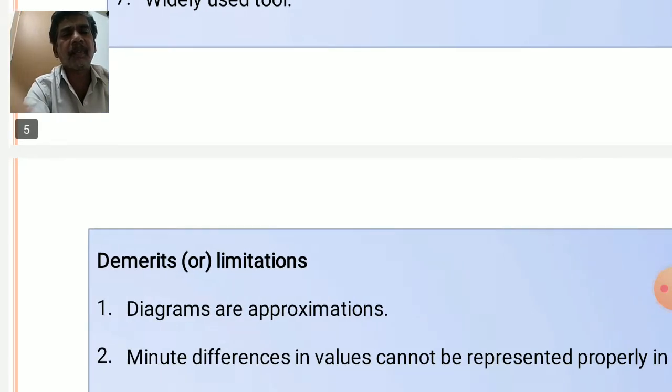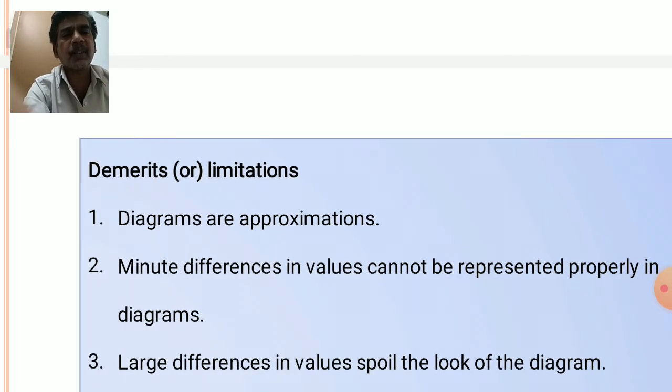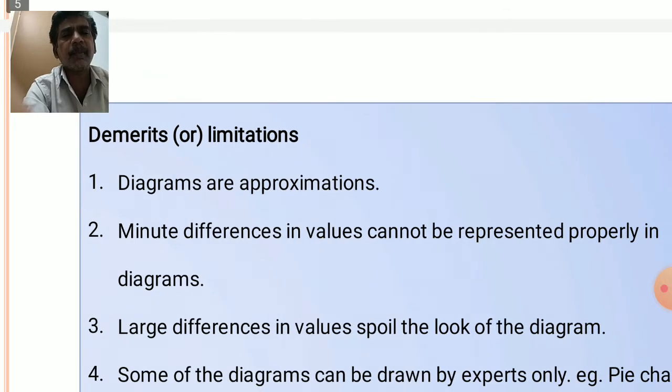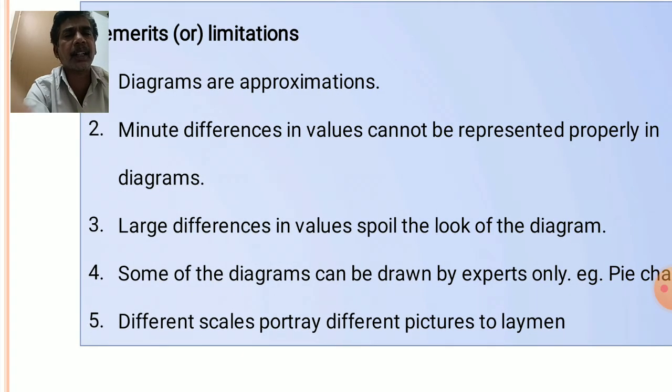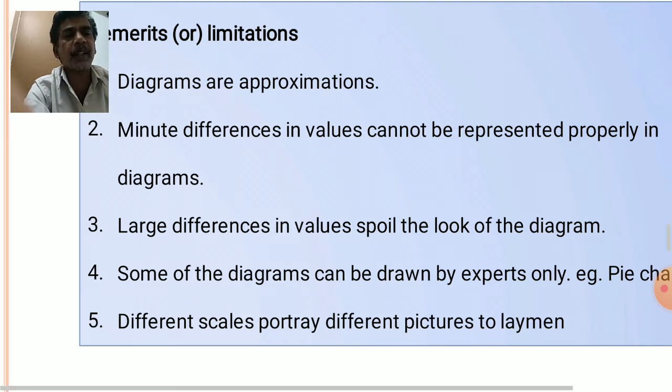Now, demerits or the limitations of diagrams. The demerits or limitations of diagrams are that diagrams are approximations. Minute differences in values cannot be represented properly in diagrams, and large differences in values spoil the look of the diagram, and some of the diagrams can be drawn by experts only.